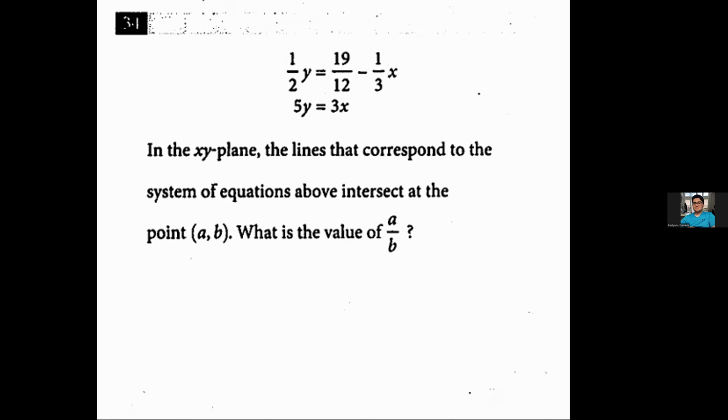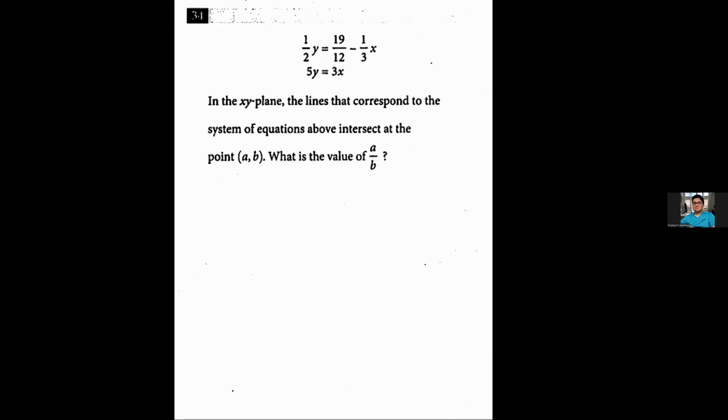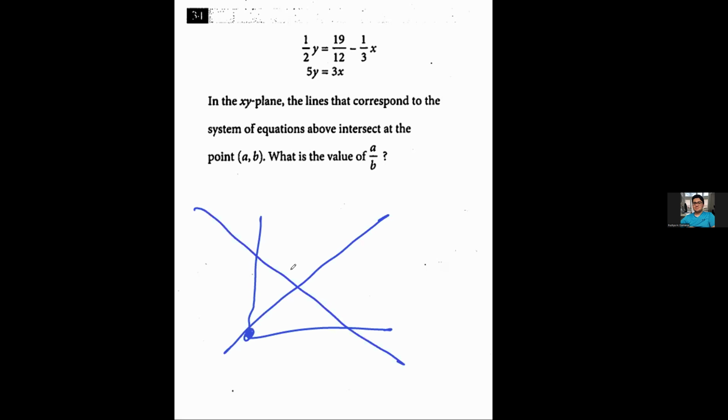Okay, so for question 34, the best way is to just put this into Desmos. I don't really have time, I have 1 minute, so I'm not going to actually do it, but I'm just going to show you what you'd get. You'd get a graph where one of them would be like this, going through the origin, and the other graph would be like this. This is 5, and this would be about 3.